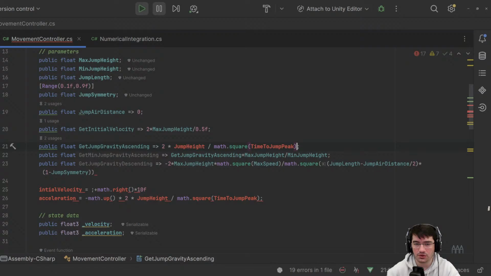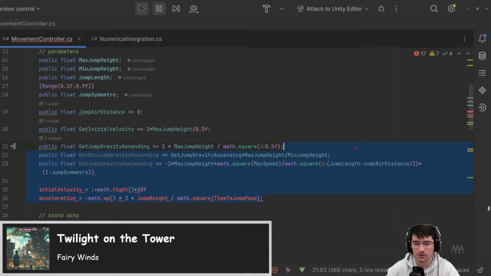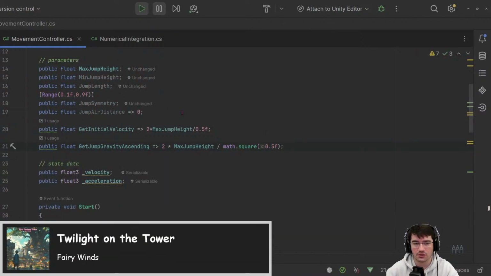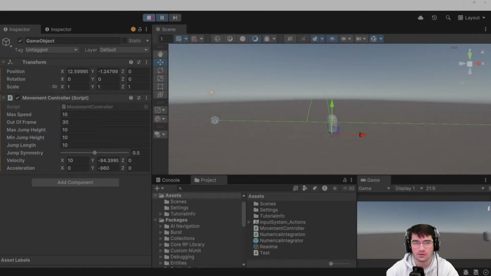It's gonna be max jump height and 0.5f. Remove the rest. Okay.